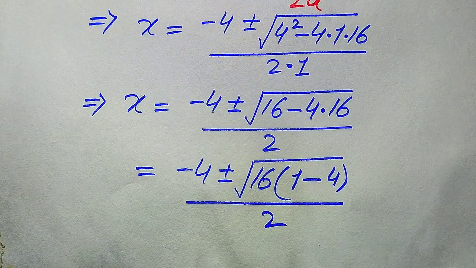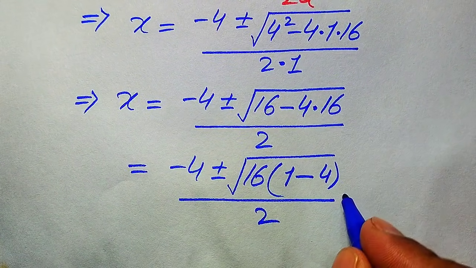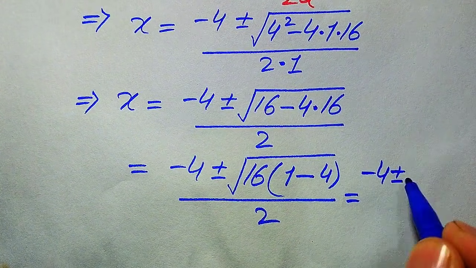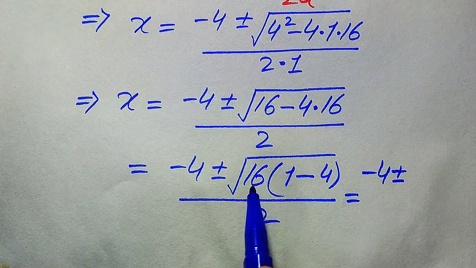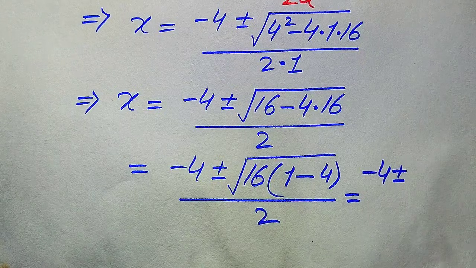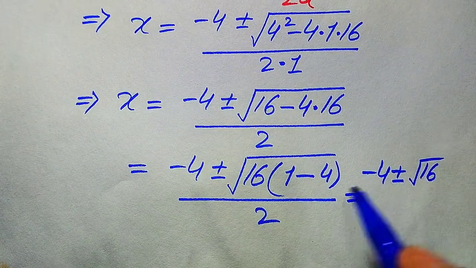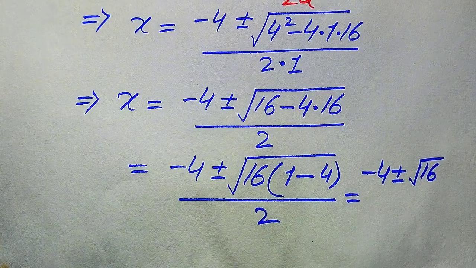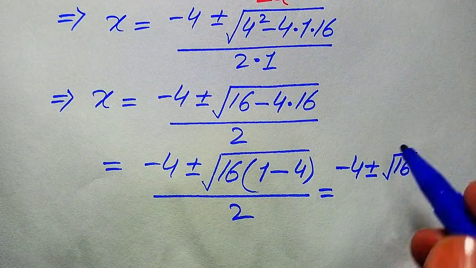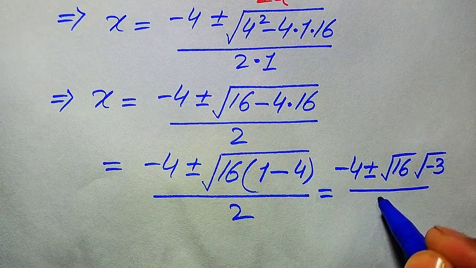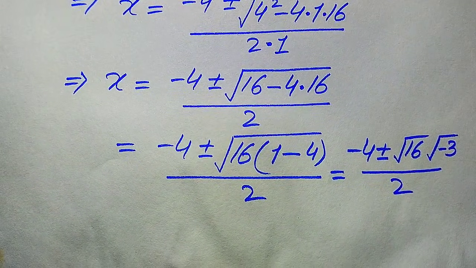Now we apply the square root separately on both of these two values, and it will be written as minus 4 plus minus square root of 16 into 1 minus 4, and you know that 1 minus 4 equals minus 3, divided by 2.